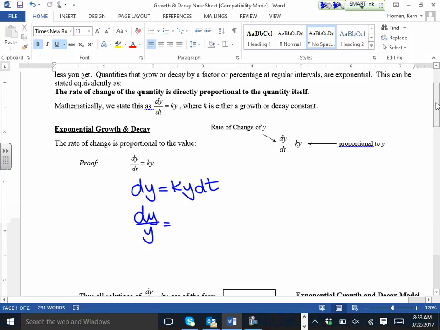I really can't write small, but you probably want to write smaller than what I am up here. Okay, now that our variables are separated, we are going to integrate both sides. Okay. So Madison, what is the antiderivative of 1 over y?